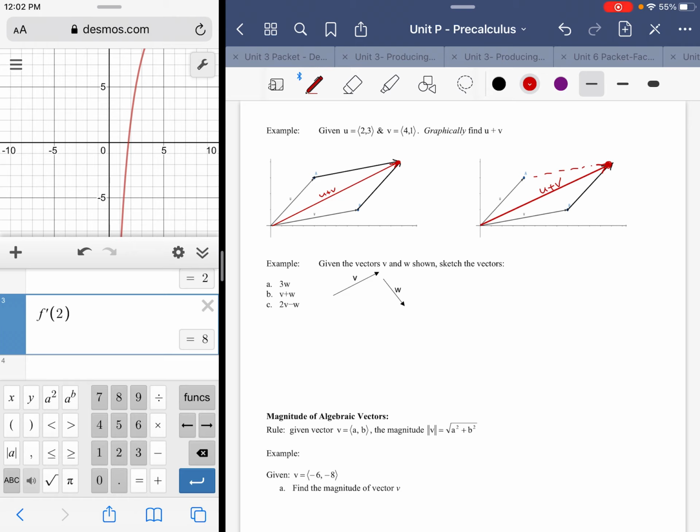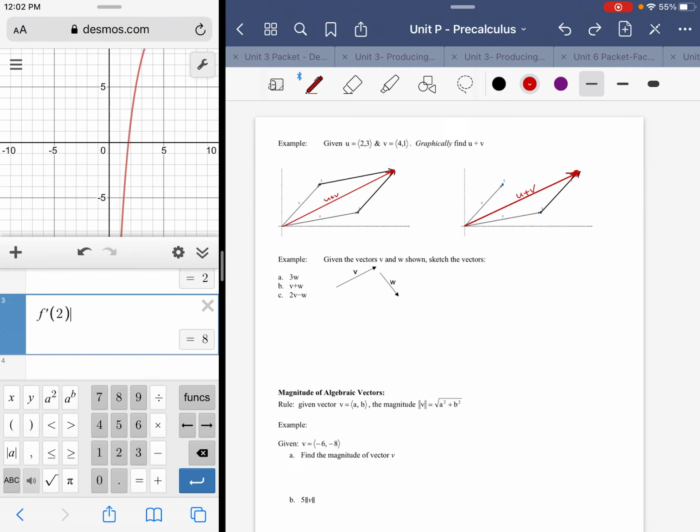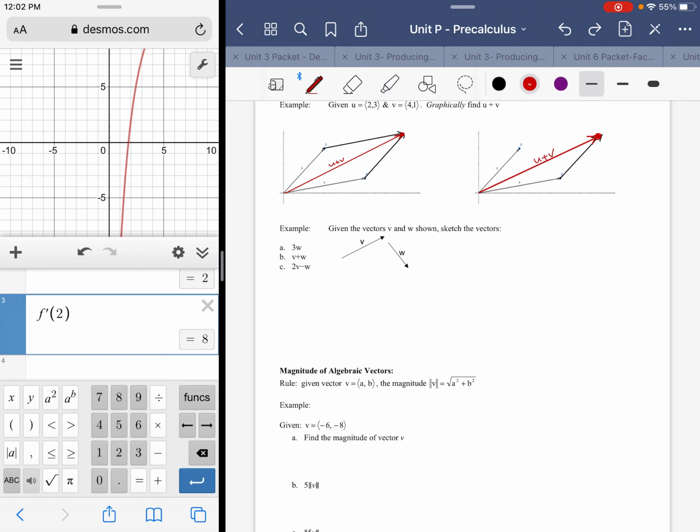Basically, you get the same thing, except you're not connecting to make a parallelogram. It's the same idea. There will be instances where we would want to have a parallelogram specifically, but that's particular to a type of question.